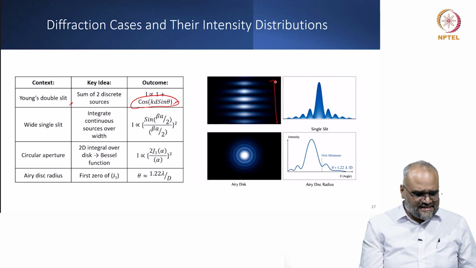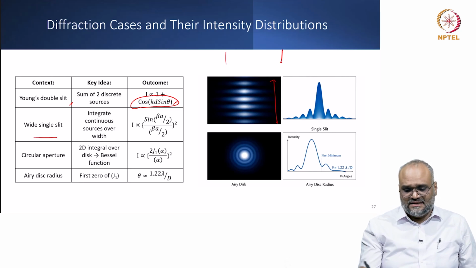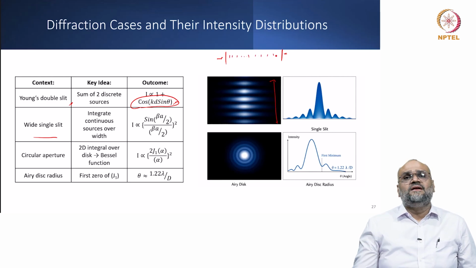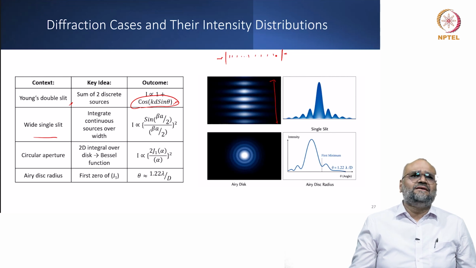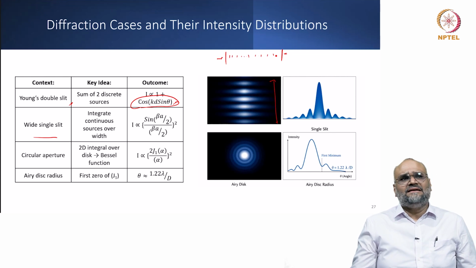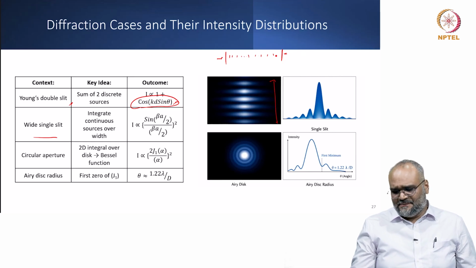When I have a single wide slit, I can think of it as a slit which is broken down into multiple infinitesimally small sources which propagate forward by the concept of Huygens wavelets and superposition of waves, and the intensity from a wide slit appears somewhat like this.